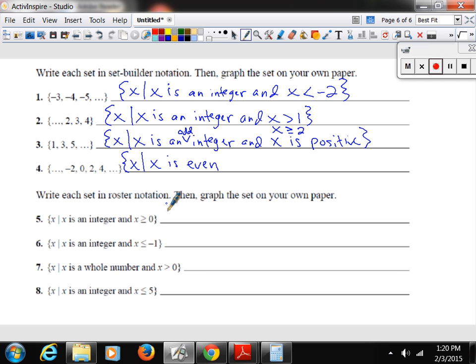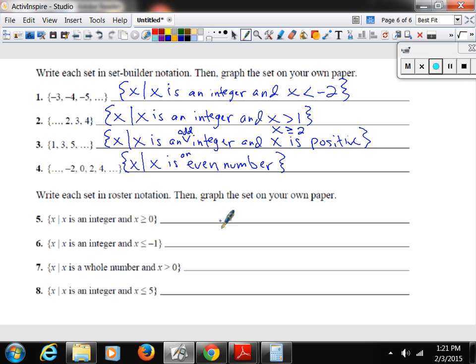No. It looks like they're all even, both ways, positive and negative. So x such that x is maybe we should put an even number, because this is talking about all even numbers there. So that would be describing it for us. That's called set builder.